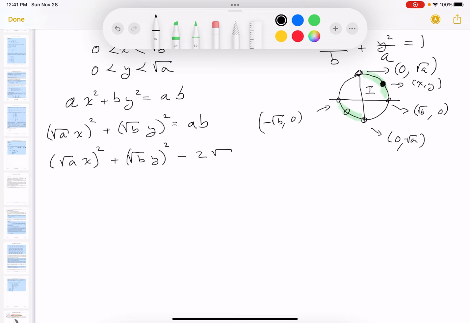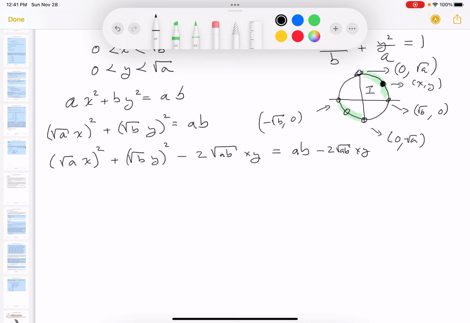I got to play around with this here. Sometimes my pen thinks I'm trying to draw something. So ab minus 2 root ab xy.